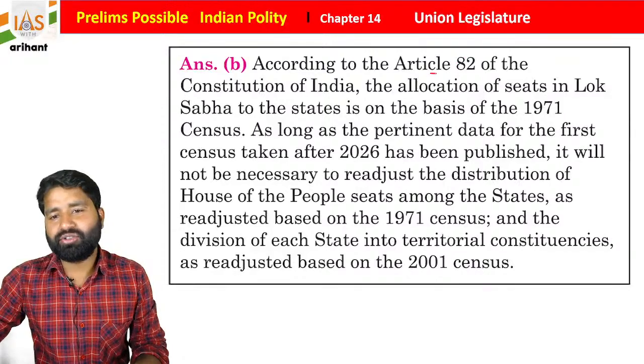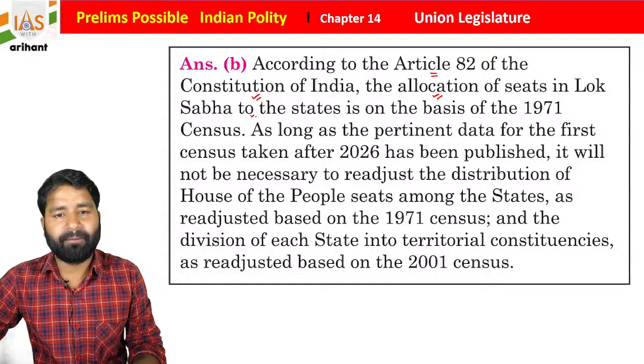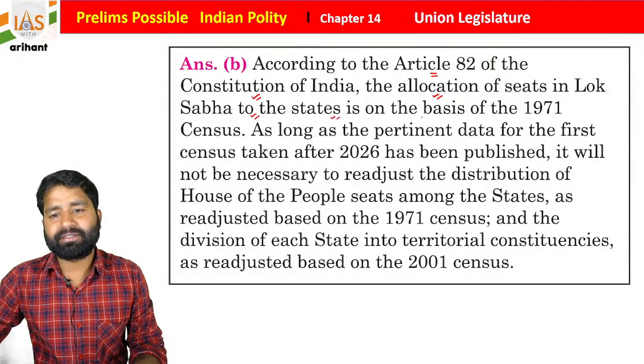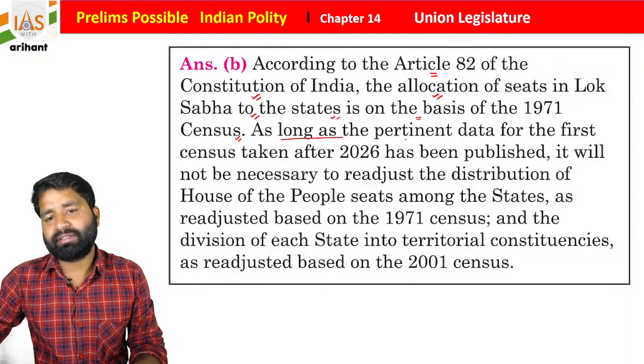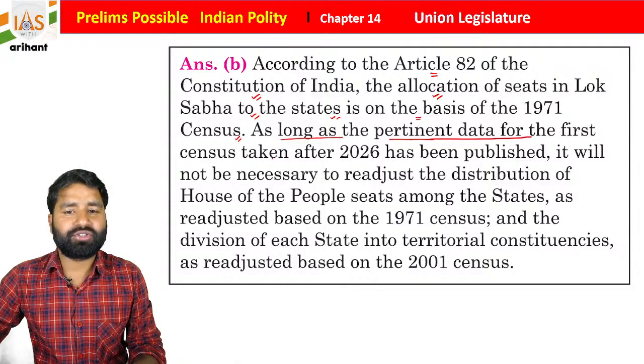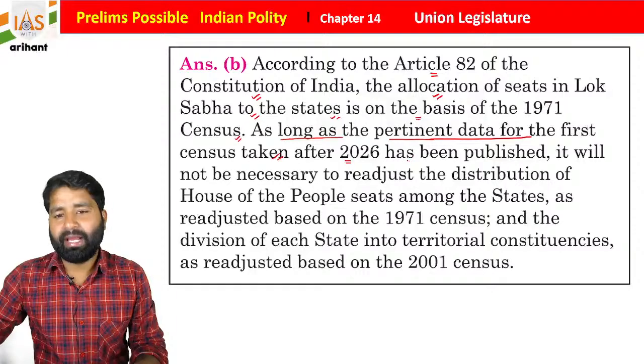So according to Article 82 of the Constitution of India, the allocation of seats in the Lok Sabha to the states is on the basis of the 1971 census, as long as the relevant data of the first census taken after 2026 has been published.